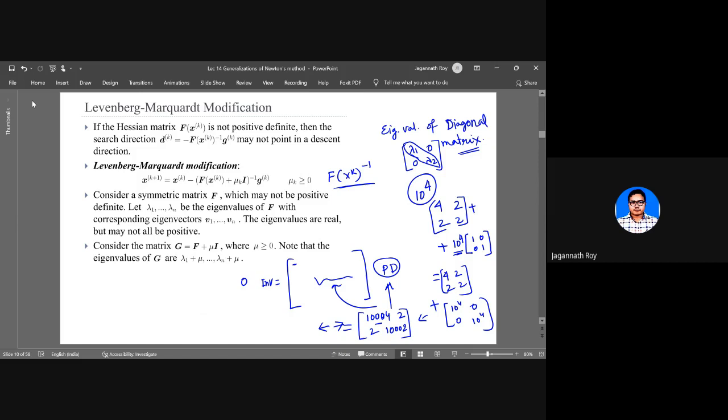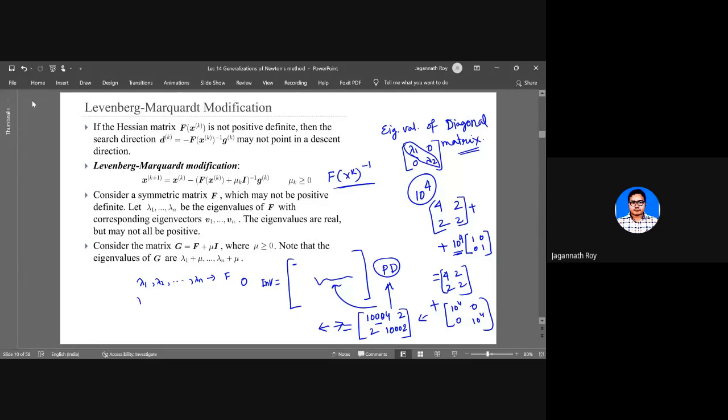Now we will look at one example. This is a theoretical proof that if lambda 1, lambda 2 up to lambda n are eigenvalues of F, then what happens?